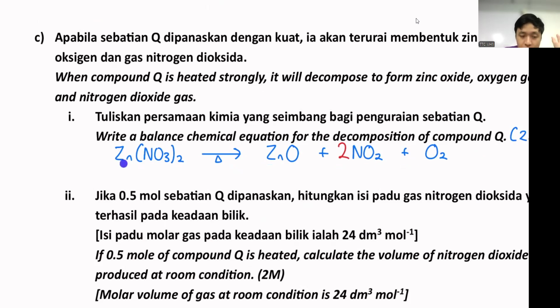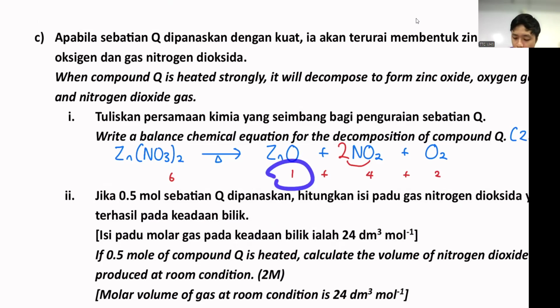But in this case, you can calculate zinc is 1, but the O is different. At the left, 3 times 2 is 6. Here is 1 plus 2 times 2, which is 4, and at the back, got 2 more.